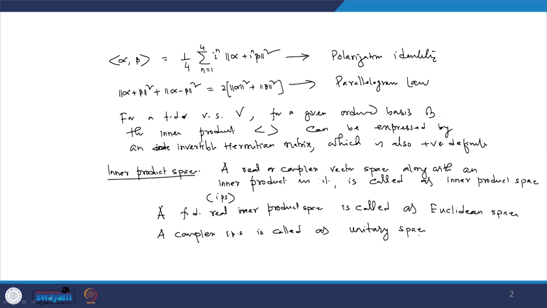So, a vector space equipped with an inner product may be called a Euclidean space or unitary space depending on whether it is real or complex: if the vector space is finite dimensional and real, it is called a Euclidean space. If it is complex, then it is called a unitary space. Note that in a unitary space the dimension of the vector space may be finite, may be infinite also.